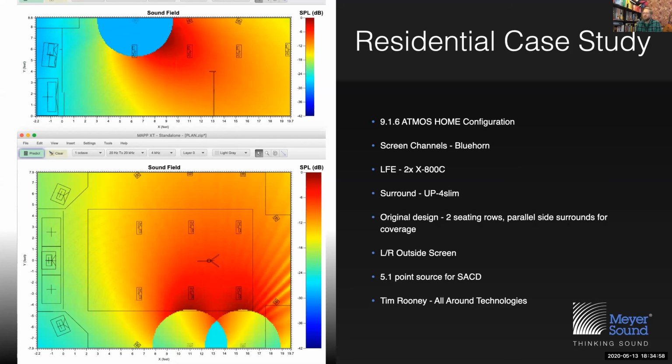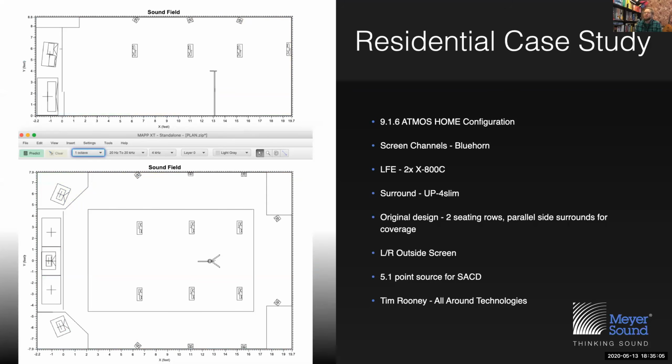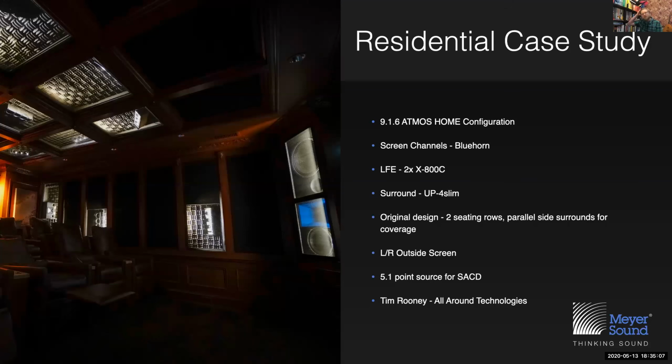When I was reviewing this project, I saw the photos and I had prepared these images and I was like, wait, what's that back surround? It's an HMS5. I didn't know about that. What happened? Why is that one there? And the answer was pretty interesting. The owner decided that he wanted a point source 5.1 system for his Super Audio CDs.